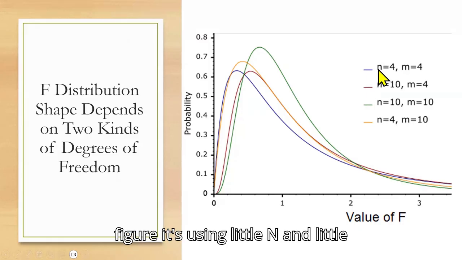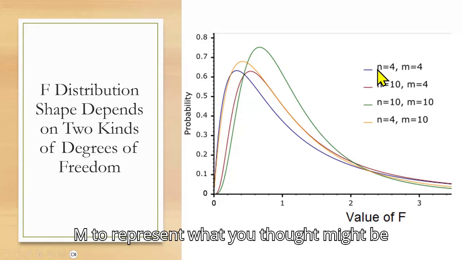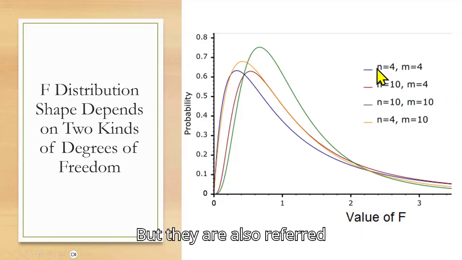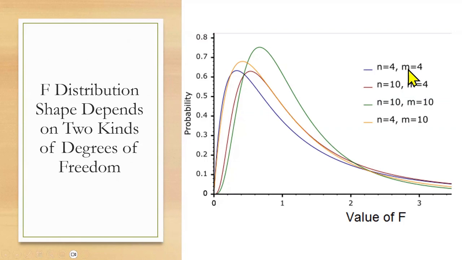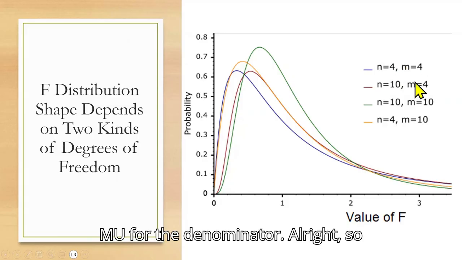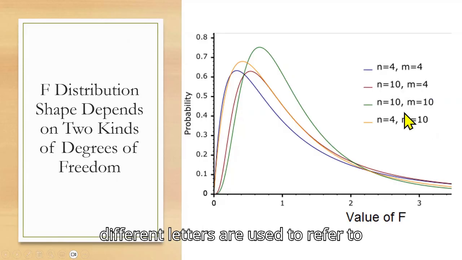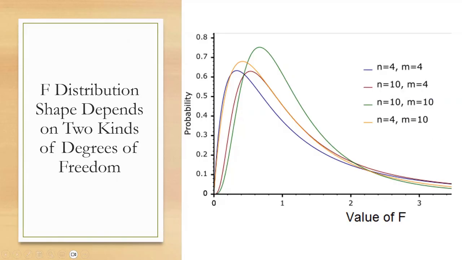And on this figure, it's using little n and little m to represent what you thought might be numerator and denominator. But they are also referred to with the Greek letters nu for the numerator and mu for the denominator. So this is where some of those different letters are used to refer to them.